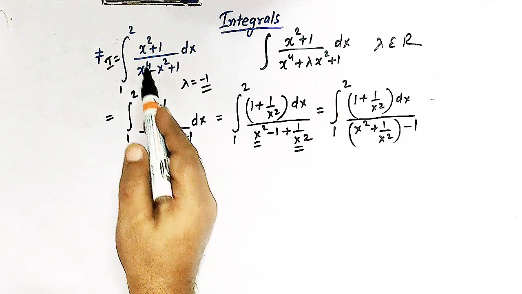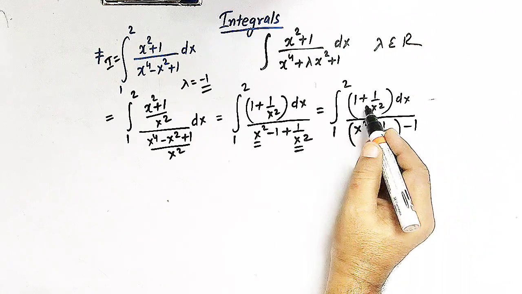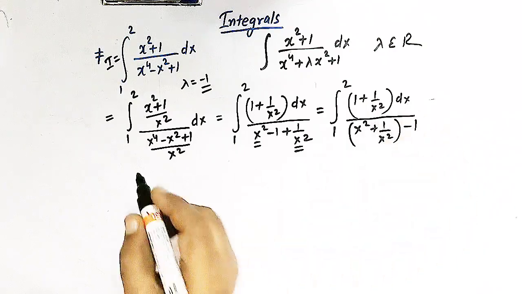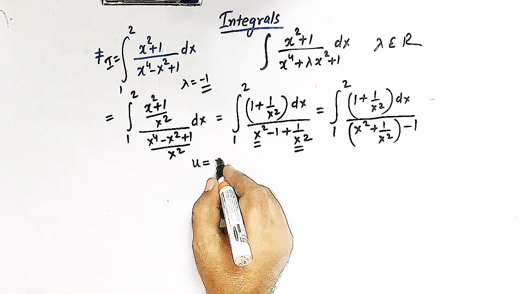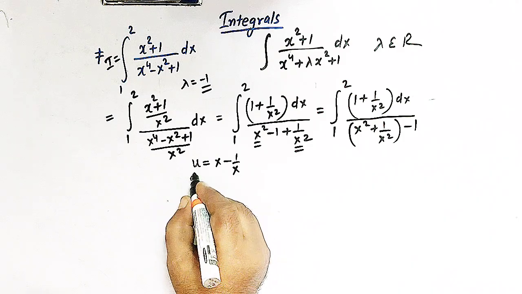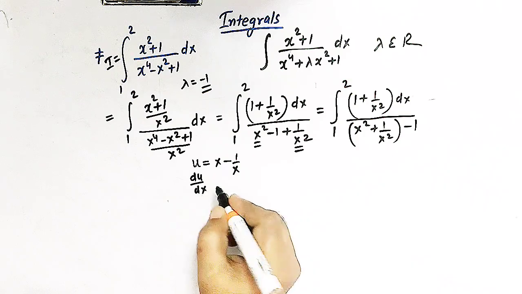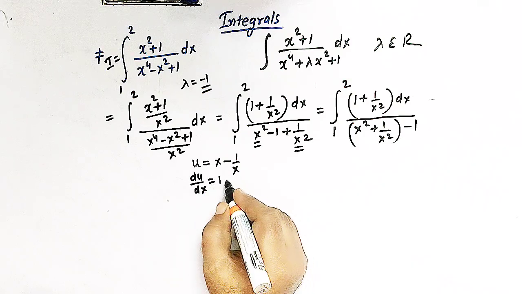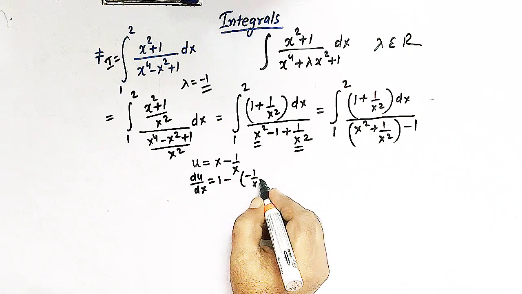So the first step is to divide the numerator and denominator by x square, and now the second step is to make use of the method of substitution. In the numerator we have 1 plus 1 over x square dx. So what we will do, we'll assume this substitution, that is u is equal to x minus 1 over x, right? When we differentiate u with respect to x, we can write du over dx, and here the derivative of x is 1, and the derivative of 1 over x is minus 1 over x square.